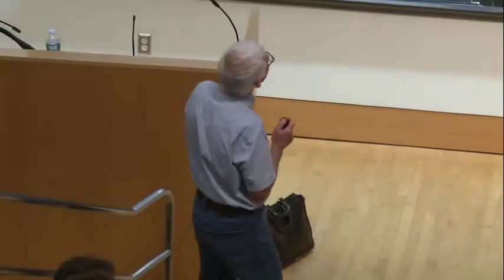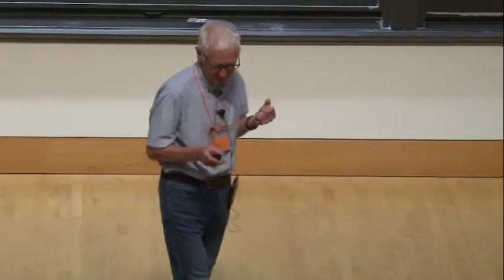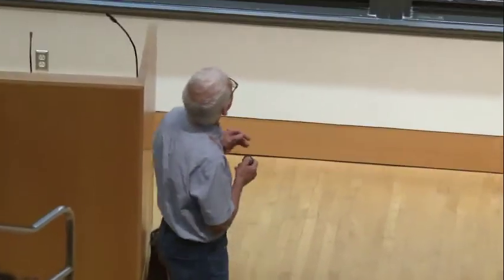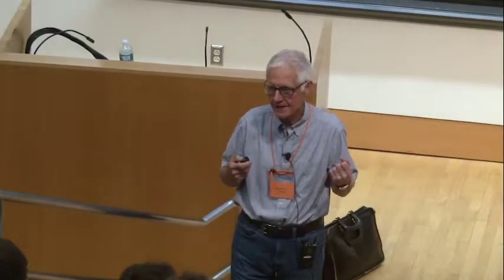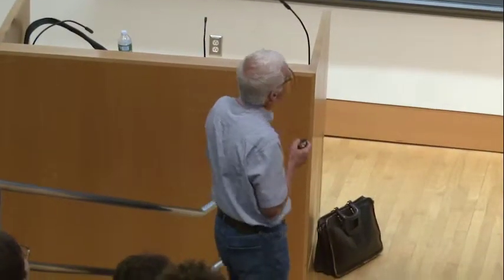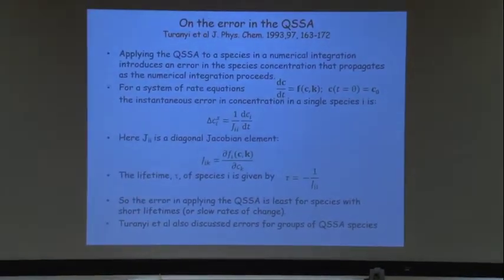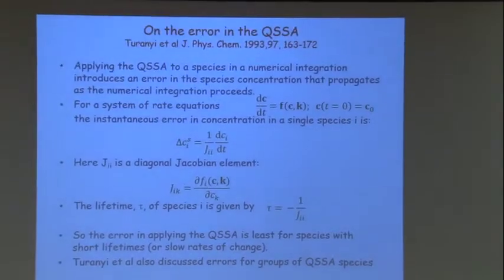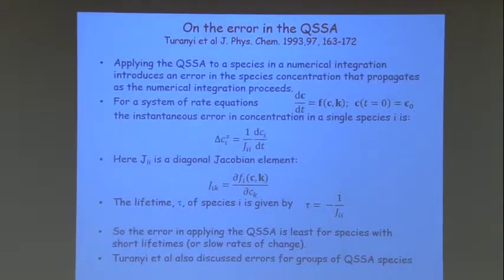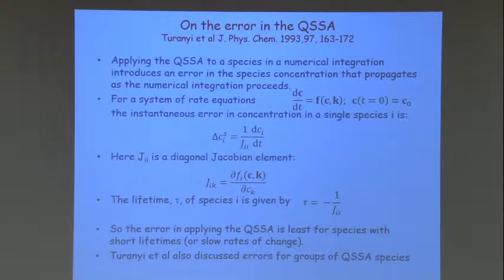So this is a paper by a man from Hungary called Tomasz Turanyi. I'm pleased to say he did this work in Leeds. And it talks about the error introduced by applying the steady state approximation. And it's a very interesting paper to read. It does help you to understand the steady-state approximation really quite well. And what he looks at is the error in the concentration of a species to which you're applying the steady-state approximation by applying that steady-state approximation.